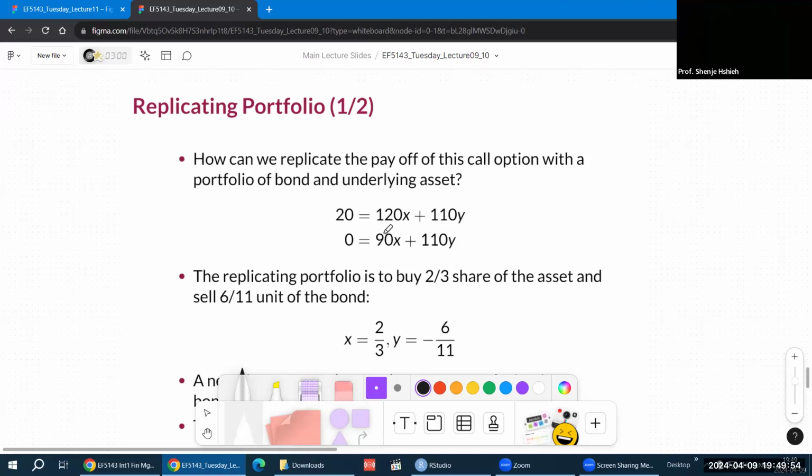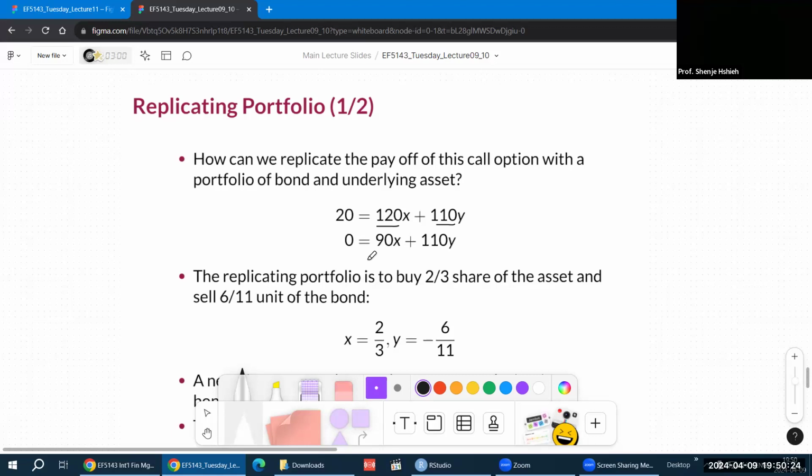Here you can see that the payoff of the risky asset in the good state is 120, plus 110, which is the bond payoff. I'm going to hold X amount of the risky asset and Y amount of the riskless bond, and it has a payoff of 20.